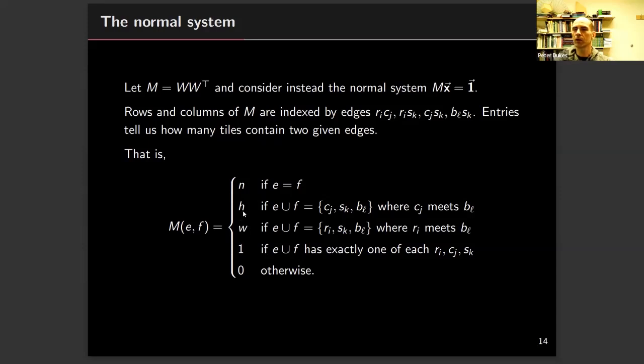And we may have H or W common tiles if there's a common column, for example, meeting a box, or a row meeting a box. So when bundles intersect, you could get something interesting here, but otherwise you get a 1 or a 0, depending on whether your 2 edges line up and allow for a tile.